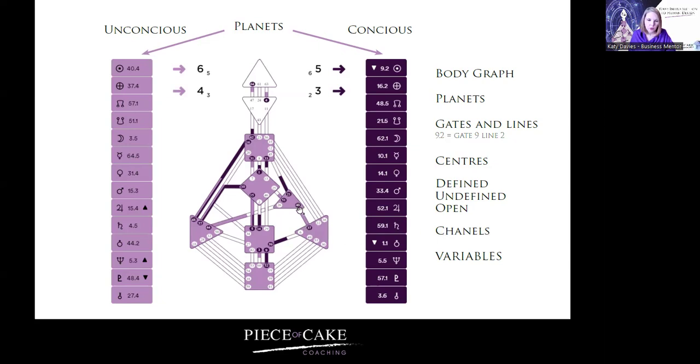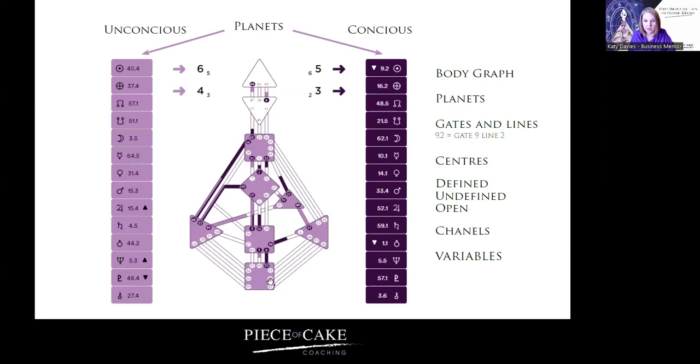The channel is when two gates are connected, okay? The thing that confused me initially when I first started looking at my chart is that the channels are all drawn onto the chart. You can see the lines between the 59 and the 55 and the 39.